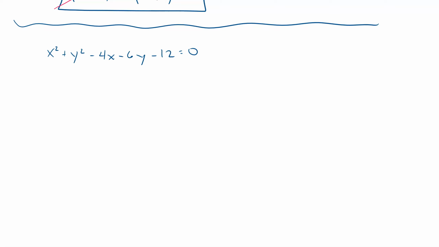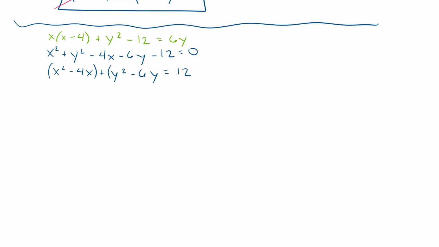I could have given it as, say, x times x minus 4 plus y squared minus 12 equals 6y. I could have done any sort of mixed up, messed up version of this, and all you would have done is undo that messiness and get it to general form to start. So here we are at general form, and I'm going to get my x's with my x's, my y's with my y's, and my numbers on the other side.